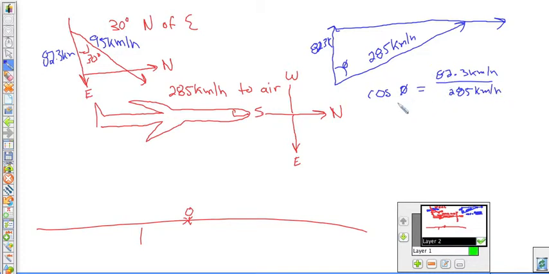I do that, then take the inverse cosine, and I'll find that this angle right here equals 73 degrees. So 73 degrees is my angle right here.